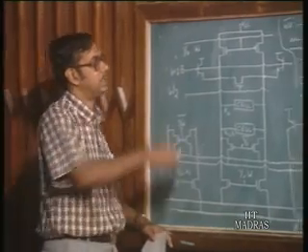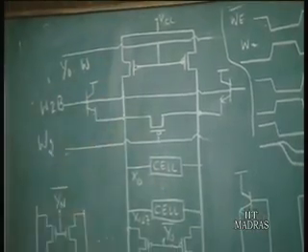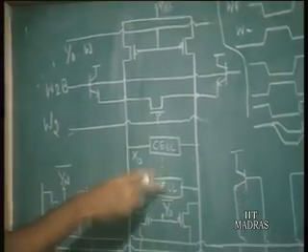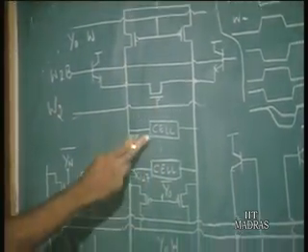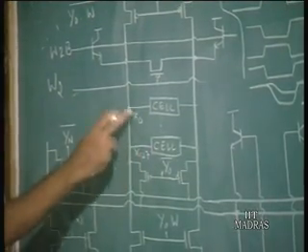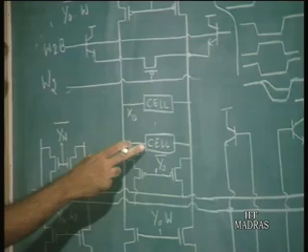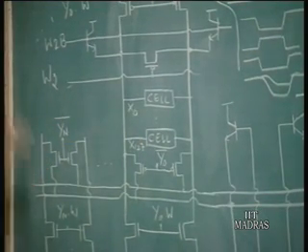So what is done is, just as in any memory, you have columns in which you have the cells. In each column there are 128 cells, x0 to x127 here. So each column will have 128 cells, and 128 is 2 to the power 7.